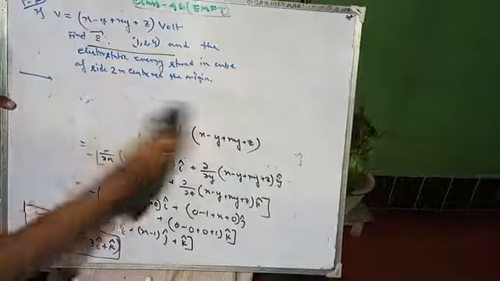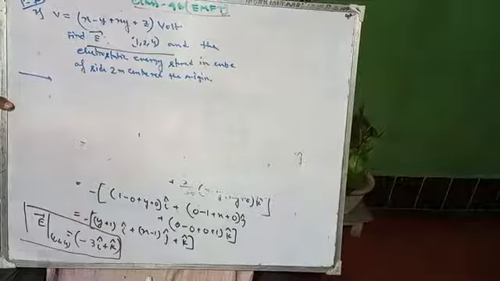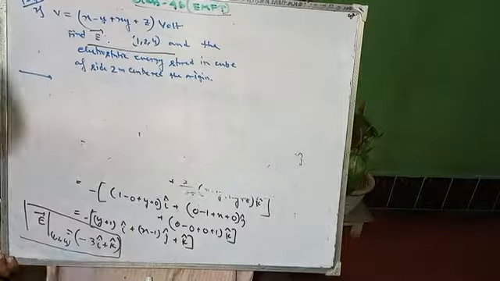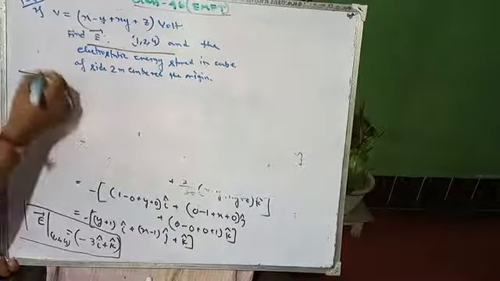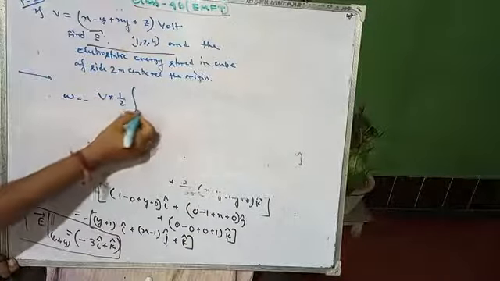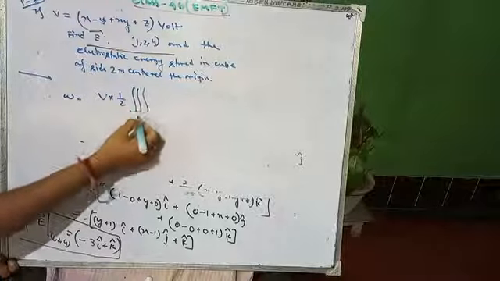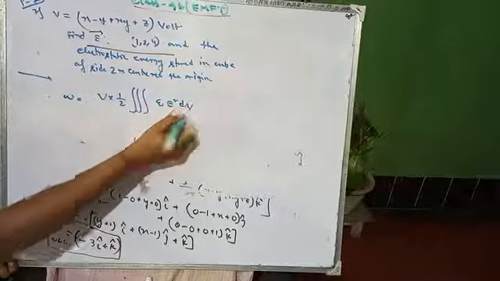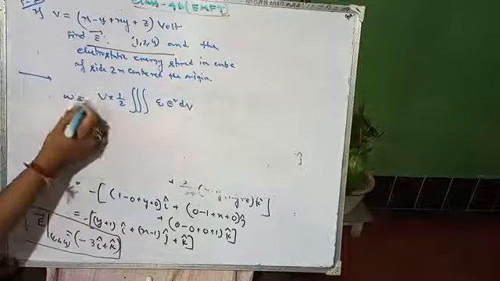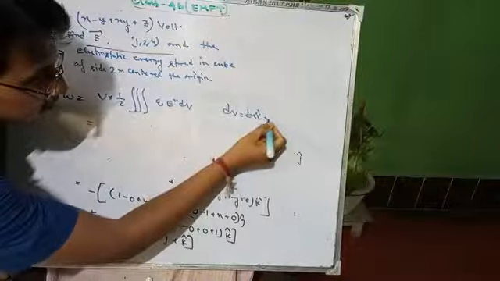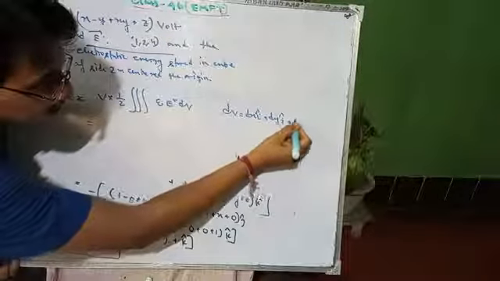For the next part, you have to find the electrostatic energy stored in the cube. So what will be the formula for the electrostatic energy? Write down electrostatic energy W equals V into half of the volume density, epsilon E square, over some values dV. As it is a cube, dV equals dx i cap plus dy j cap plus dz k cap.